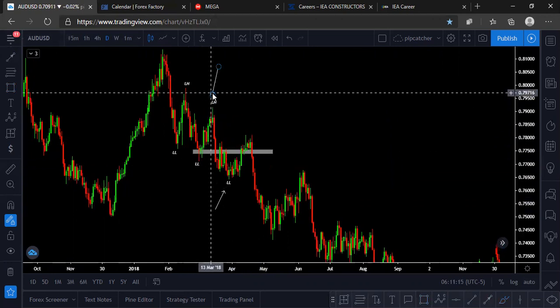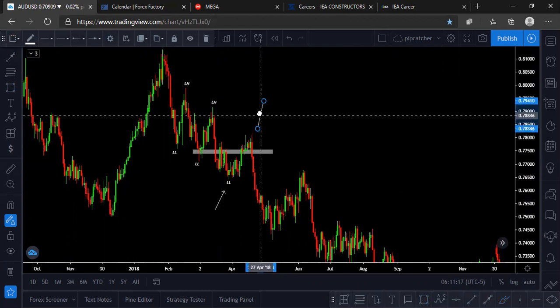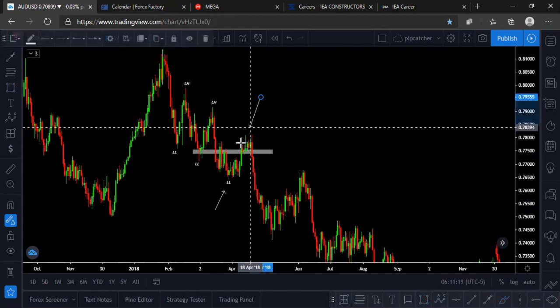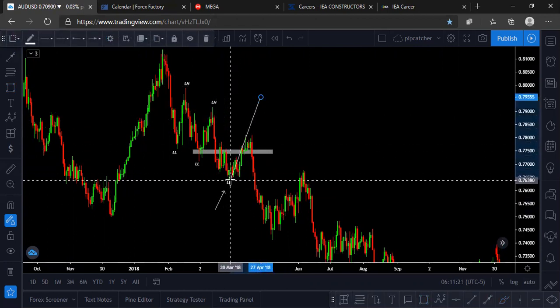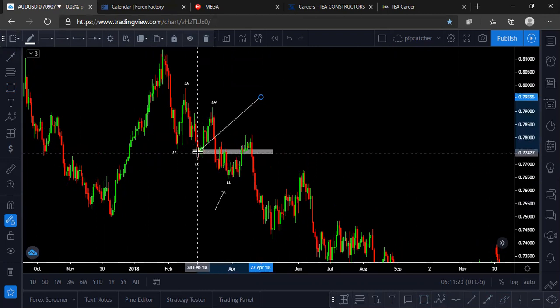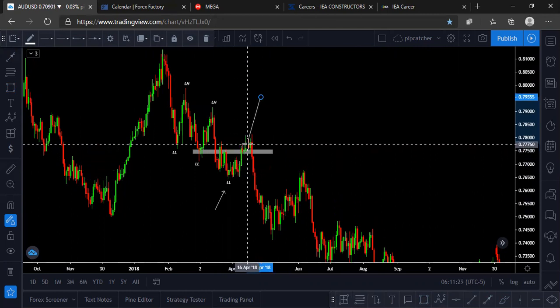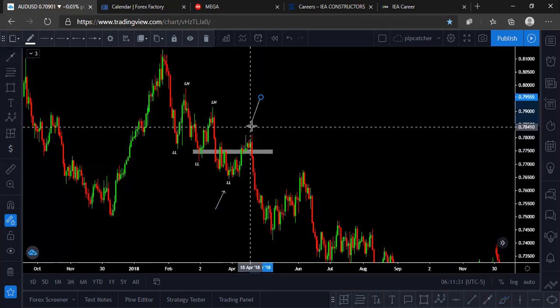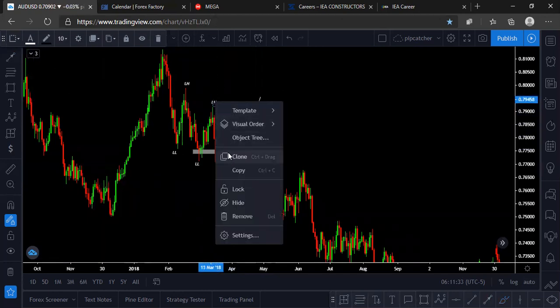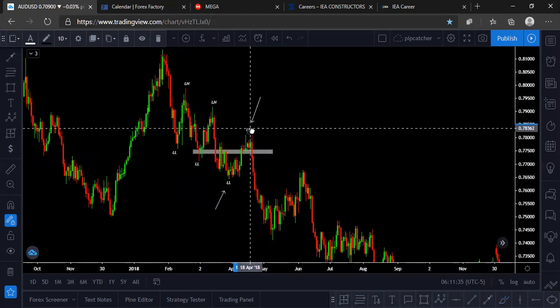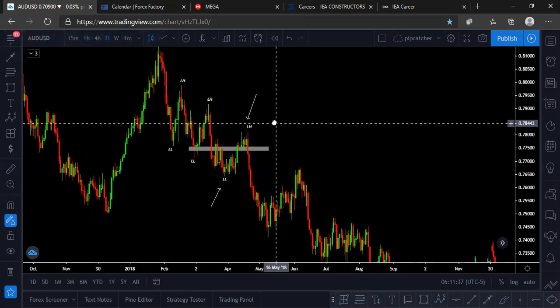And as we see right here, after breaking through this structure to the left, the previous lower low, and creating a new lower low, price trades back up into that area, giving us a new lower high.